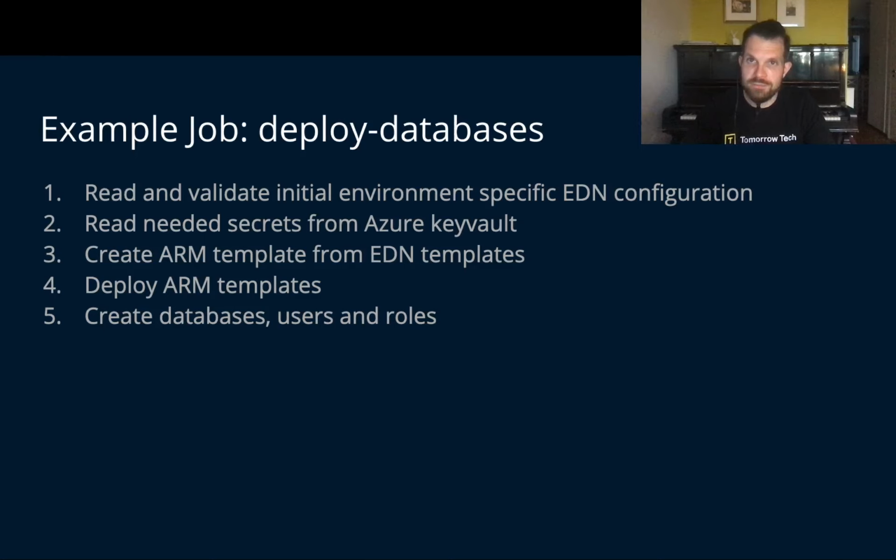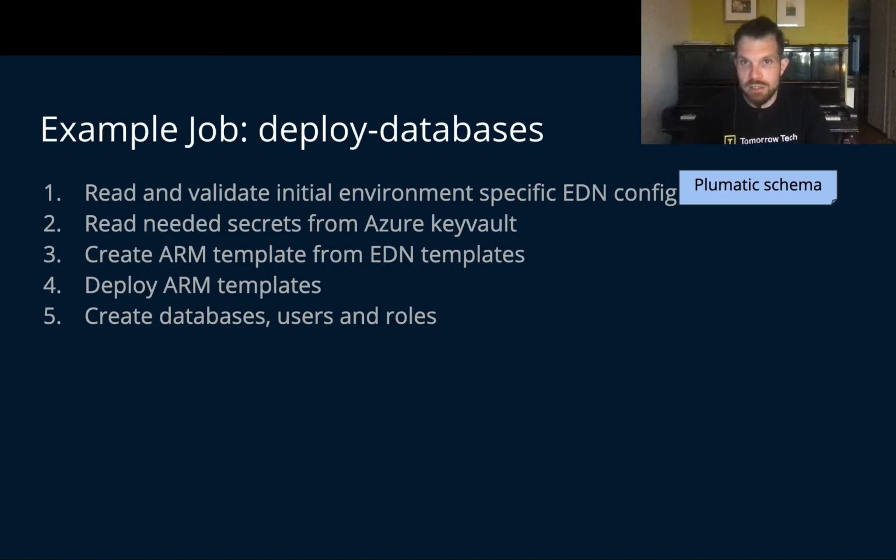This is called deploy databases, and this is an example of the job type of operation where there are several operations bundled together like this. So first we read an EDN configuration, and then we use Plumatic Schema to validate it, to make sure that it doesn't allow invalid IP addresses or invalid Azure identifiers, because there are sometimes limitations on the characters you can use or how long they are.